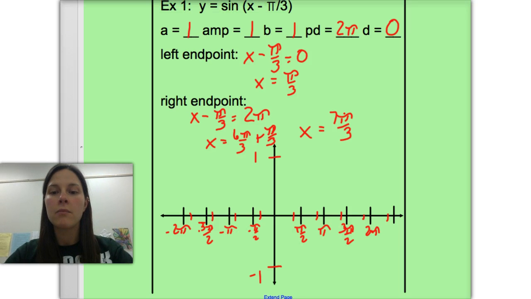Then we simply plot our points. So this time we are starting at pi over 3, and the sine function starts at 0, or an intercept. So plus pi over 2 at that next red mark, I'm going to be up at my maximum. Next red mark, I'll be back at an intercept, down at the minimum, and back up to an intercept.